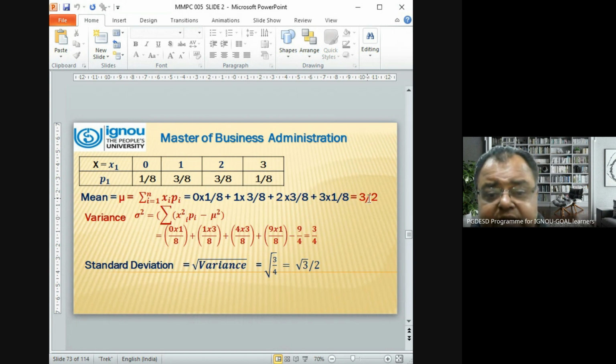Mu is 3 by 2, so 3 by 2 whole square, which after calculation comes out to be 3 by 4. For standard deviation, take the square root of 3 by 4, which comes out to be root 3 by 2. Root 3 is 1.7, and 1.7 divided by 2 is 0.8.